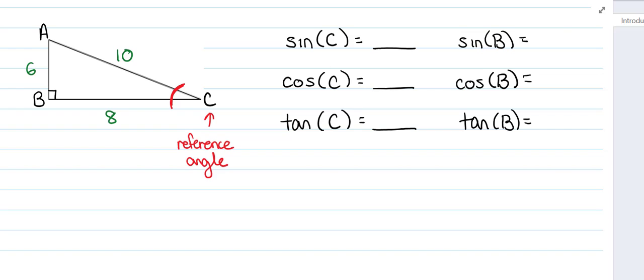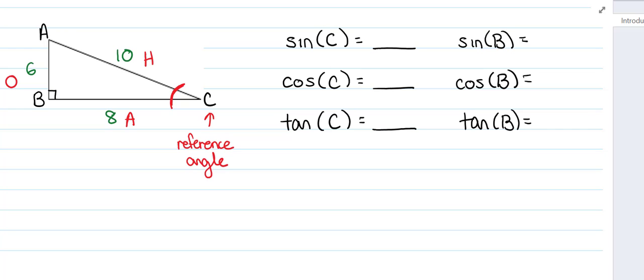Our first step is always going to be to label our sides in terms of this reference angle. Remember, with the opposite, adjacent, and hypotenuse. AB, which is 6, is opposite of my reference angle. 8 is right next to my reference angle, so that's the adjacent side. And the hypotenuse is the side opposite that right angle.